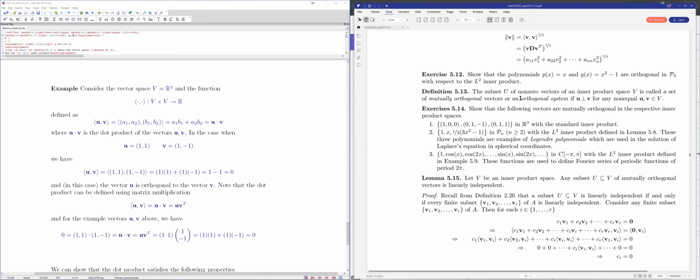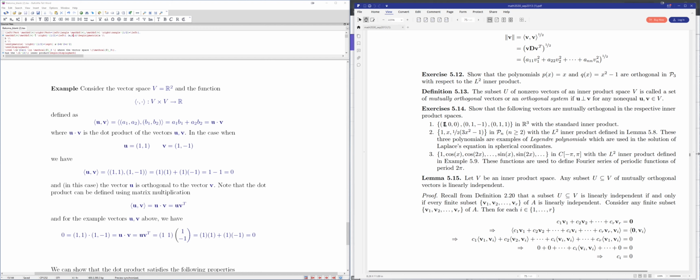Okay, so if I have some set of non-zero vectors such as this over here, notice here in R3, I have three vectors: (1, 0, 0), (0, 1, -1), and (0, 1, 1). If you notice, the vector (1, 0, 0) is in fact orthogonal to (0, 1, -1).